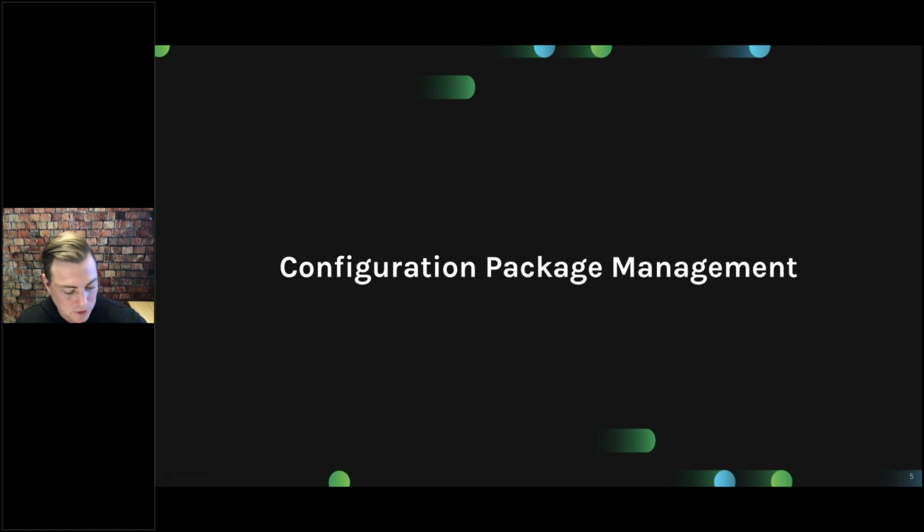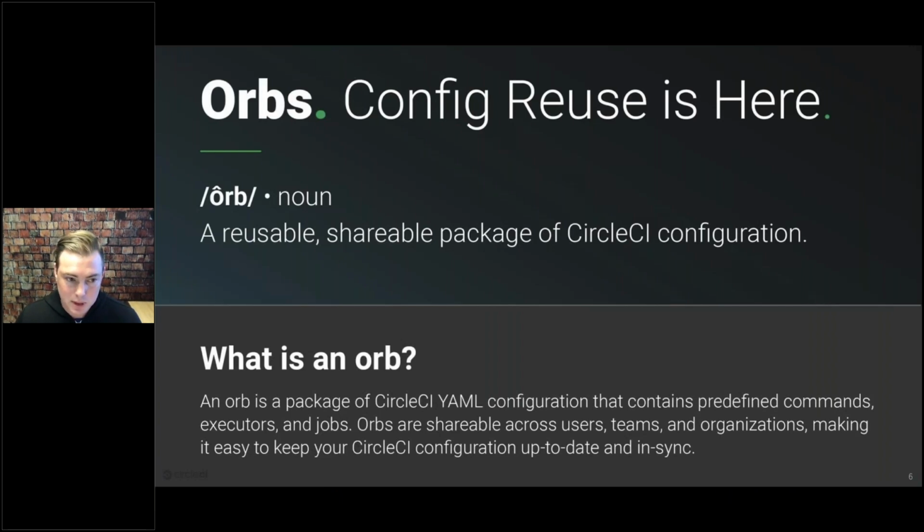Another feature of CircleCI is its package management system. That's called orbs. Orbs are basically reusable, shareable packages of CircleCI configuration. We'll actually be utilizing quite a few orbs today as we configure jobs to build, be pushed out to container registries, and then be deployed to a Kubernetes cluster.